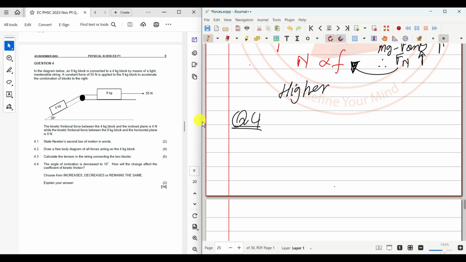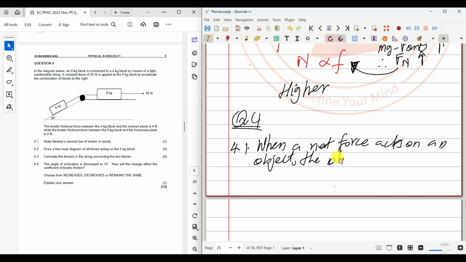State Newton's second law of motion. 2 marks. When a net force acts on an object, the object will accelerate in the direction of the net force. I think I can squeeze acceleration here.